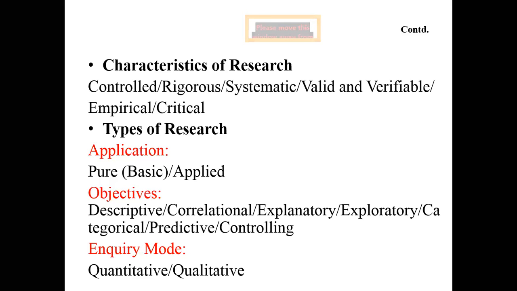So all of this is in the form of description. There is no relationship between two variables or anything. There is no explanation of why. We are not asking why 15% of people are affected with COVID in Rawalpindi. We are not saying how they are affected.